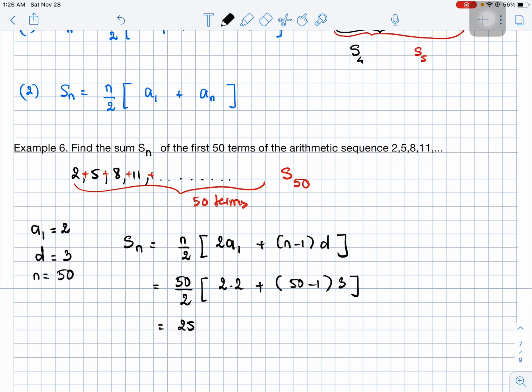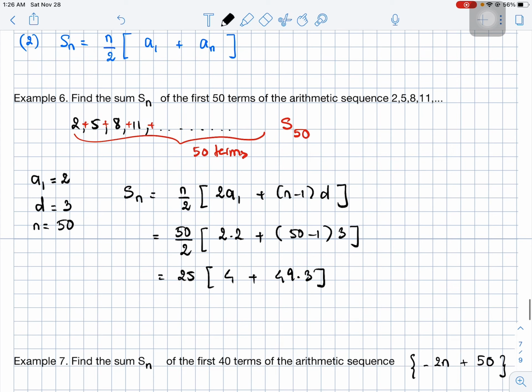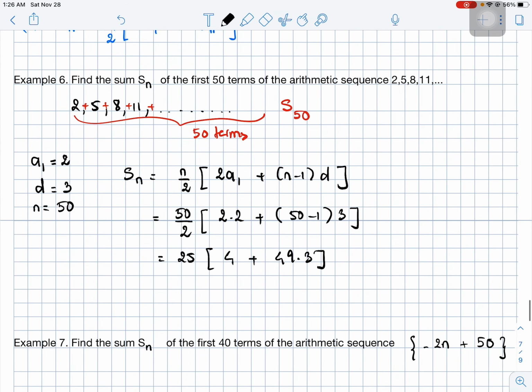We simplify the one inside the bracket, so we get 4 plus 49 times 3. 49 times 3 is 147, plus 4 is 151, and we multiply them together.